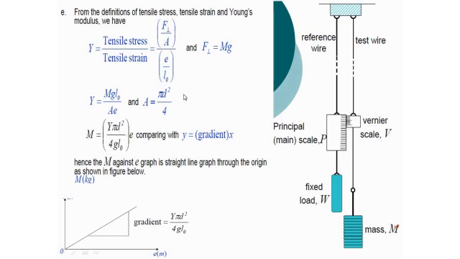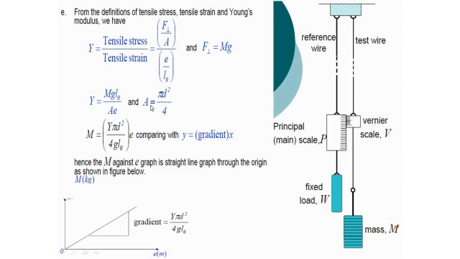Now put the value of A in this equation. After putting the value of A, you are going to get m is equal to Y, Young's modulus, pi d squared divided by 4g L naught, into e.